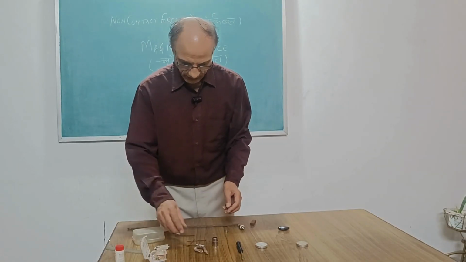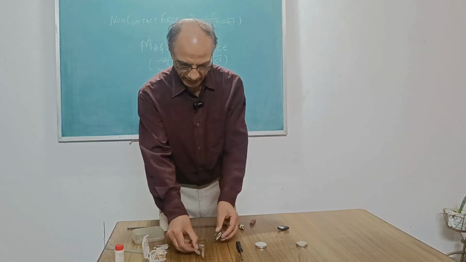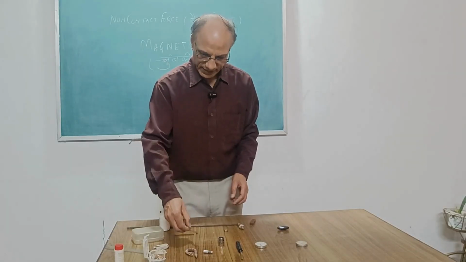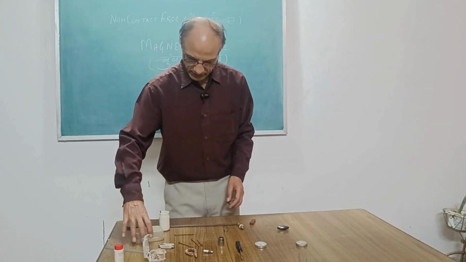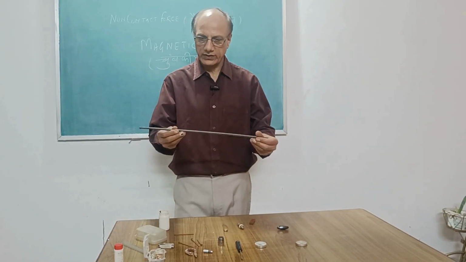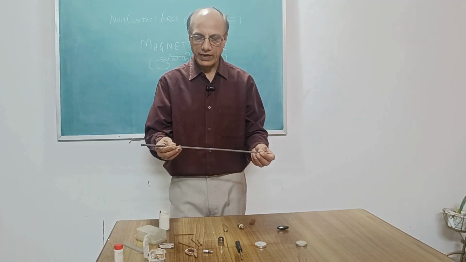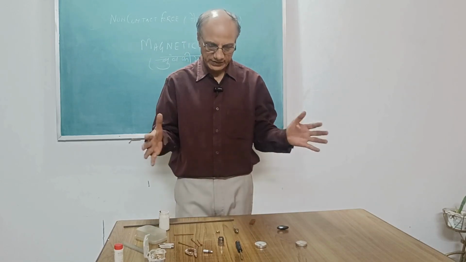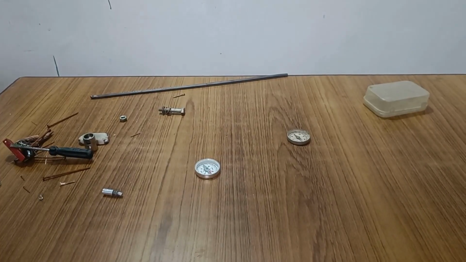This is an iron hook. This is iron, this is aluminum, these are iron nails, this is an eraser, this is plastic, this is a plastic sheet, and this is an iron rod, this is a nut, and this is a bolt. And let us see how the magnet behaves.